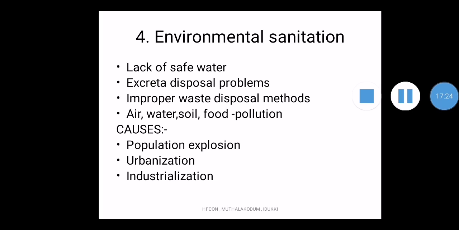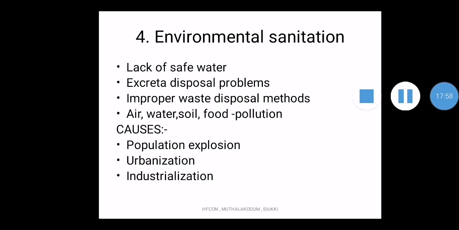As I have told, population explosion is one of the main reasons for all these environmental problems, and so are urbanization and industrialization. Fast development is happening on one side with more industries and more factories, but at the same time we lag in infrastructure and basic elements like a proper waste disposal system and good environmental sanitation. We don't even have a quality index for air, water, soil, all those things.